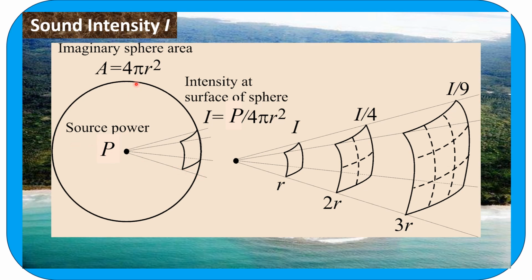Supposing the sound energy per unit time is measured over a certain sphere area capital A, which has a radius equal to small letter r from the point source, we can express the sound intensity at the surface of the sphere as the amount of energy per unit time, or the power, over this spherical area equal to 4 pi r squared.